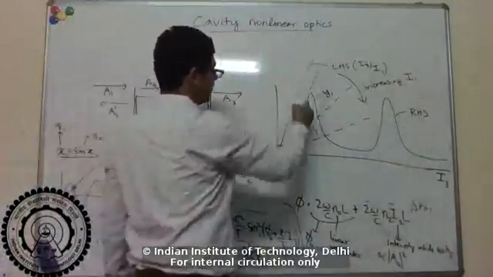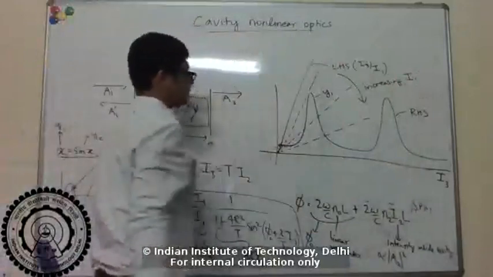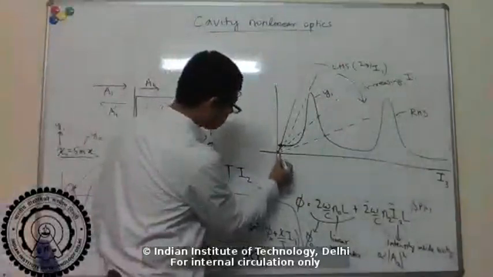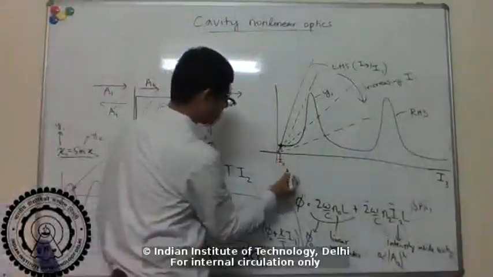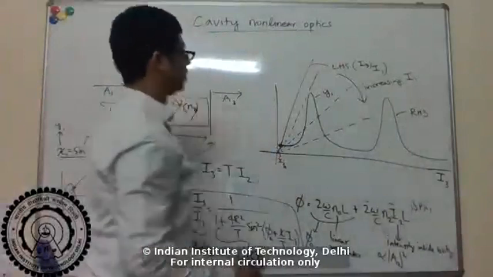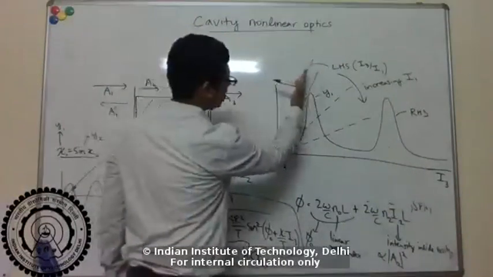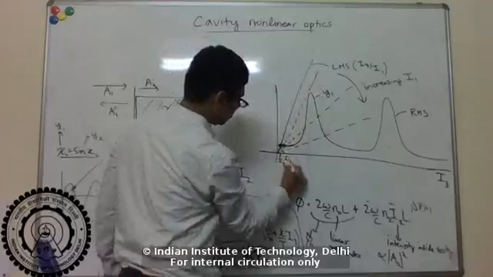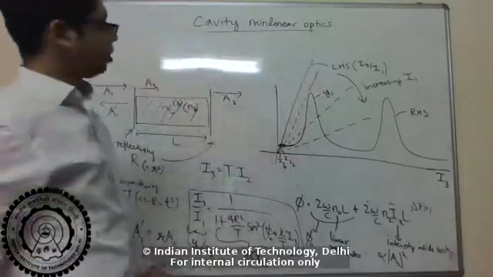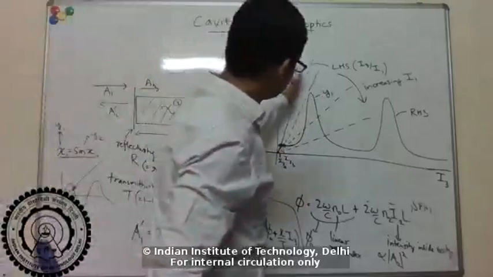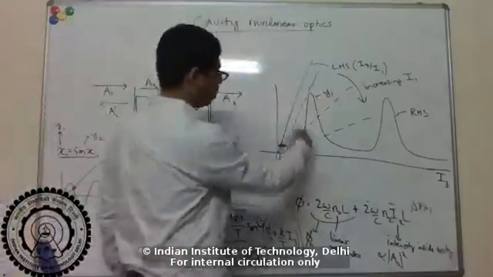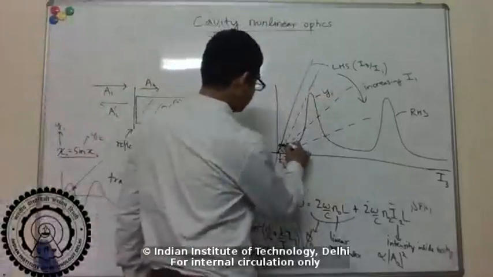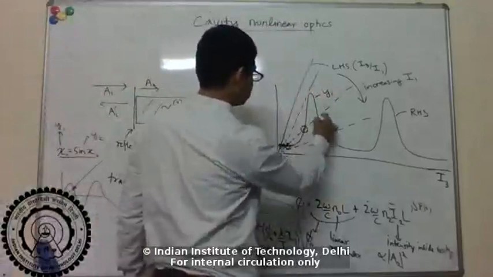So we can see, for low intensity, I get an intersection here. So the solution will be that value, some I3A. Then I increase the input a little bit, the slope reduces, and my solution shifts to here, which is I3B, let's say. But you can see at some point it goes over this resonance, which means I get more than one intersection. So in this case, I'm getting an intersection here, here, here.